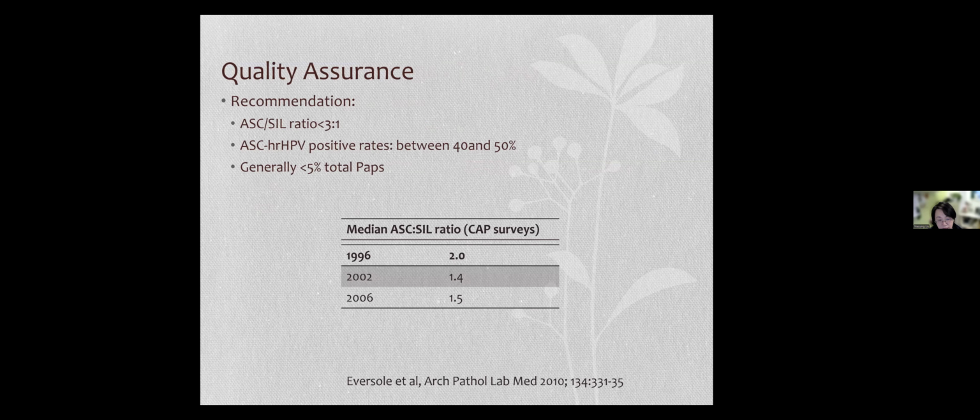So this is the ASCCP guideline. We should keep those in check. The ASC-US to SIL ratio should be less than 3, and that's just a few numbers you can read on it.